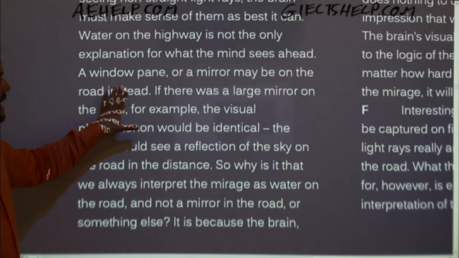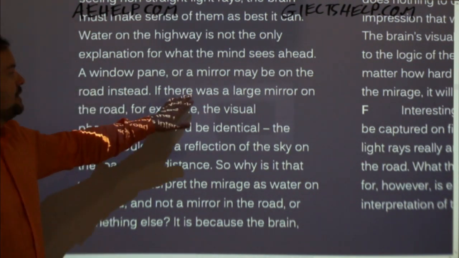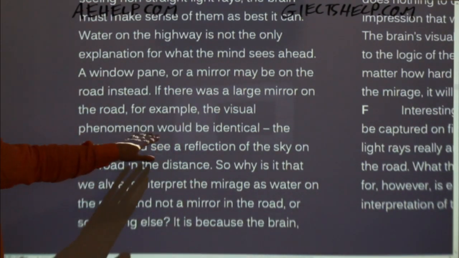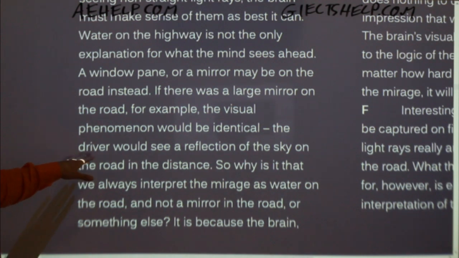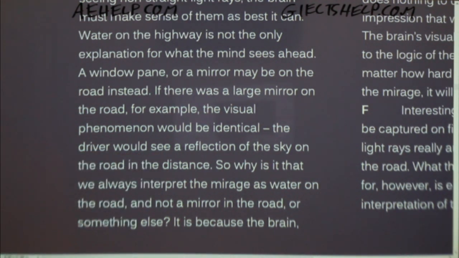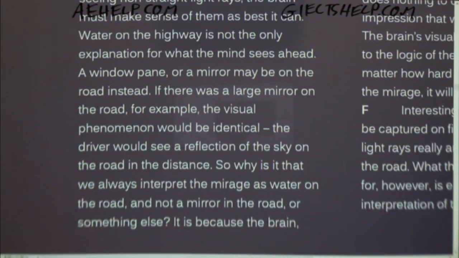A window pane or a mirror may be on the road instead. If there was a large mirror on the road, for example, the visual phenomenon would be identical to the driver would see a reflection of the sky on the road in the distance. So why is it that we always interpret the mirage as water on the road and not a mirror in the road or something else?